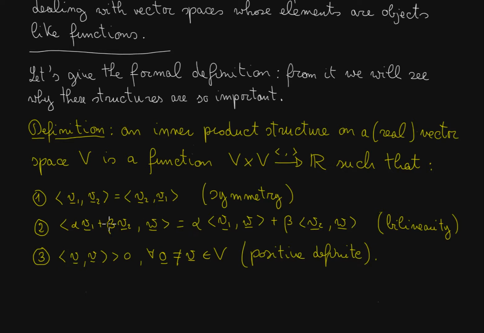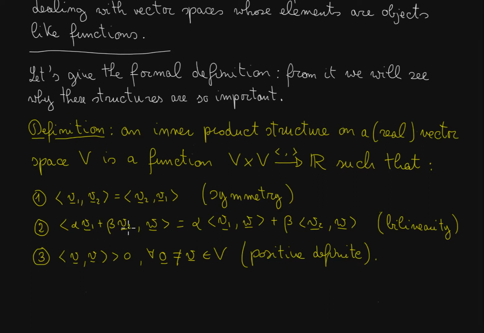So this is the same as taking the linear combination of the inner product of v1 with w and v2 with w with the coefficients alpha and beta. So this is linearity with respect to the first argument, using the same kind of notion that we introduced in chapter 9.